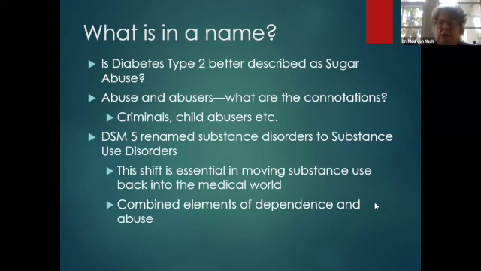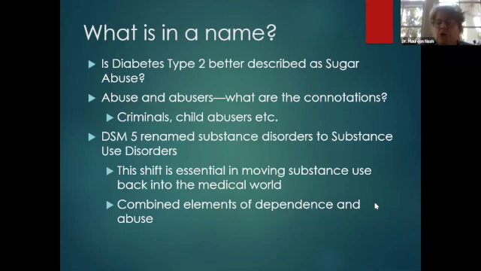And one of the biggest reasons for that was the problems around stigma. We do not call people who have type 2 diabetes sugar abusers. We don't criminalize people for abusing sugar when they have an insulin regulation disorder, as people with diabetes do.